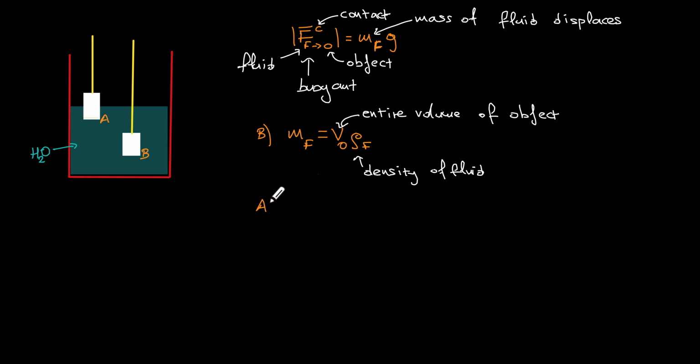Now, in case A, you can see my cube is not fully submerged. It is displacing some fluid away, but not as much as it did in case B. Now it is displacing approximately half of the entire volume because I have it halfway submerged in the fluid.